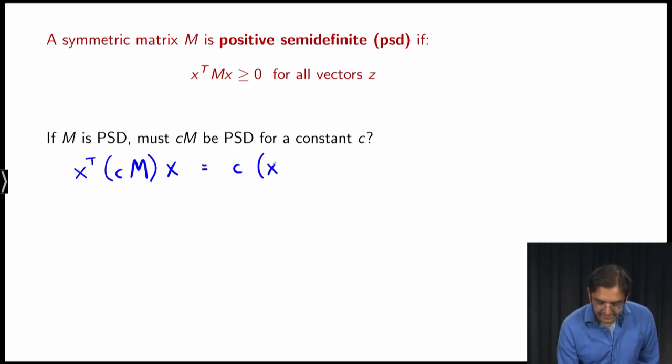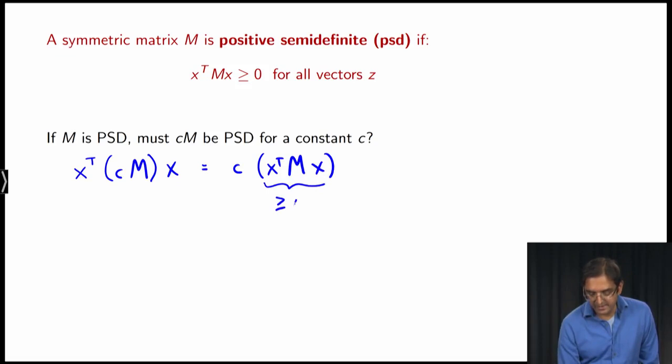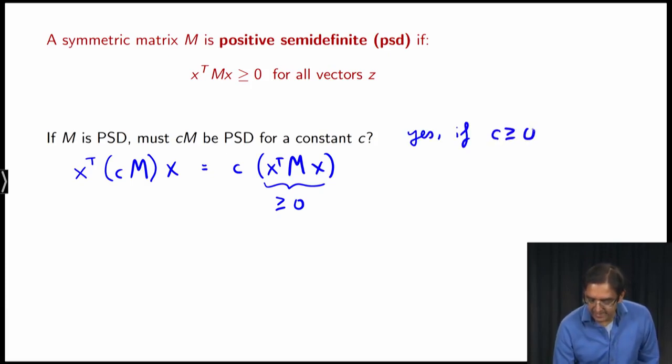So it's C times x transpose Mx. And M is positive semi-definite, so this is greater than or equal to 0. C times that, is that greater than or equal to 0? Yes, provided C is greater than or equal to 0. Okay. So the answer is yes, if C is greater than or equal to 0.